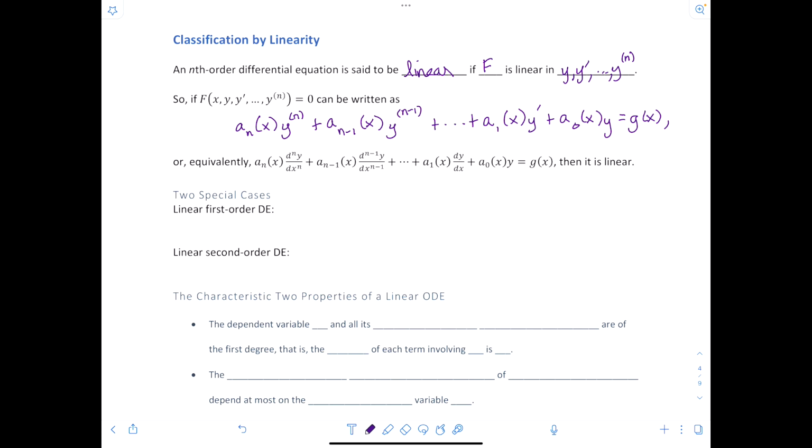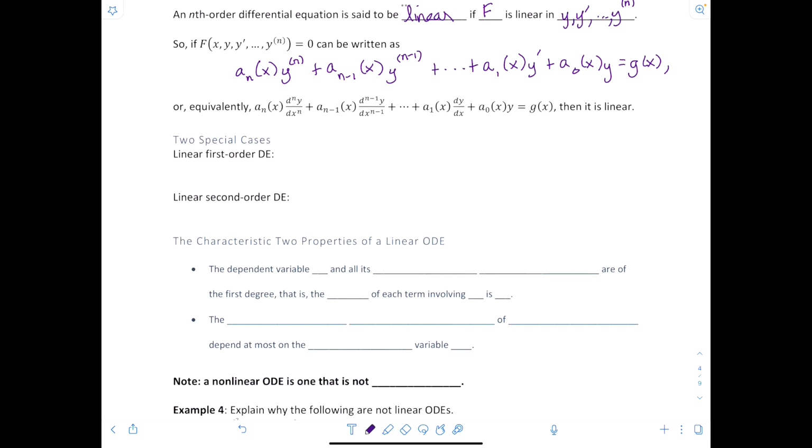This is the equivalent expression using a different notation, the Leibniz notation. If we can do so, then it is linear. Two special cases. Linear first order differential equation. Well, there's only one derivative, so it would be a sub 1 times x times y prime plus a sub 0 times x times y is equal to g of x.